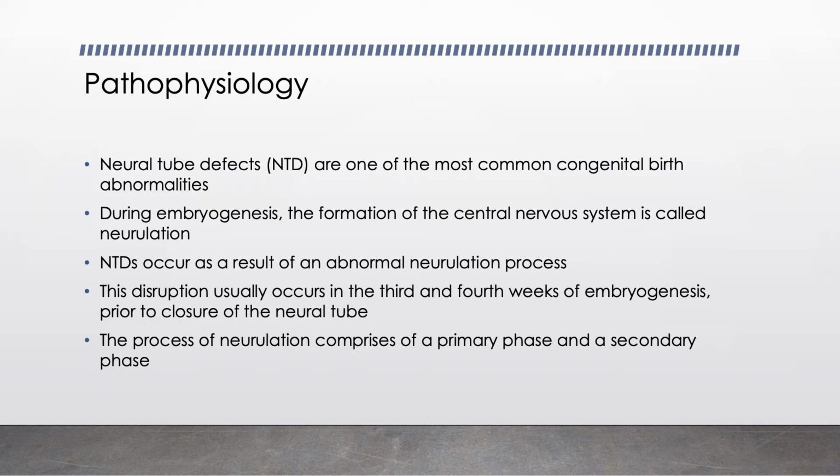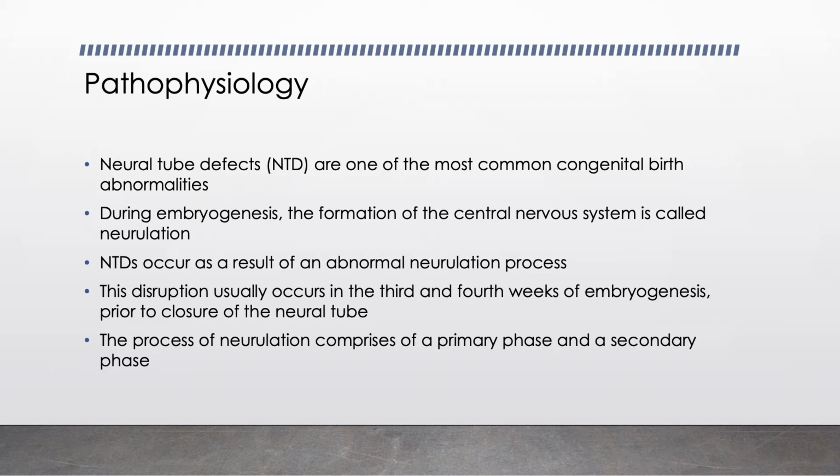In terms of pathophysiology, neural tube defects are one of the most common congenital birth abnormalities. During embryogenesis, the formation of the central nervous system is called neurulation. So neural tube defects occur as a result of an abnormal neurulation process. This disruption usually occurs in the 3rd and 4th weeks of embryogenesis, prior to closure of the neural tube.